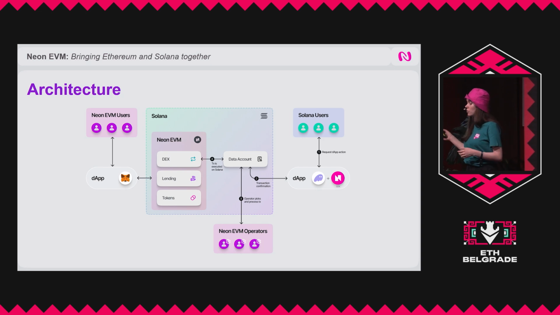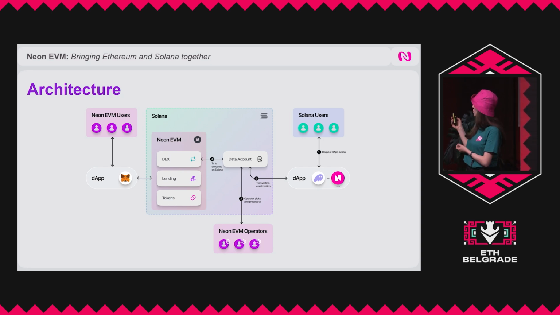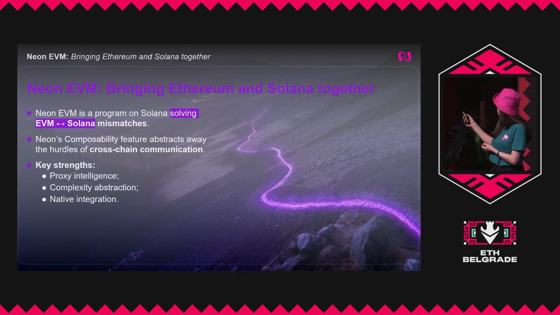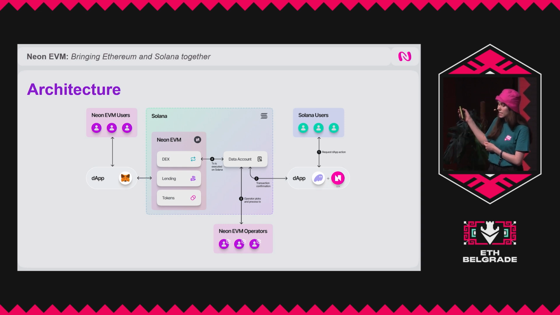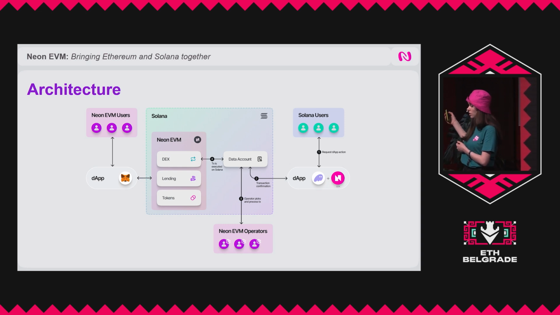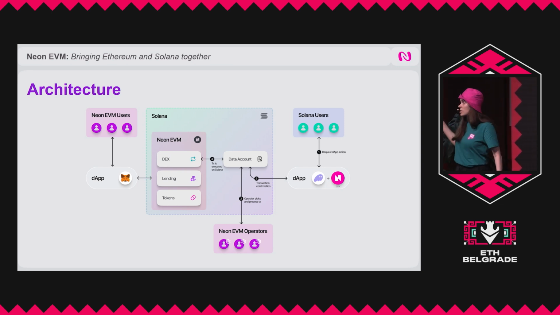On the left, we have EVM users who access Solana programs through the EVM wallets, and on the right we have Solana users who access the same dApp, but through a Solana native experience.